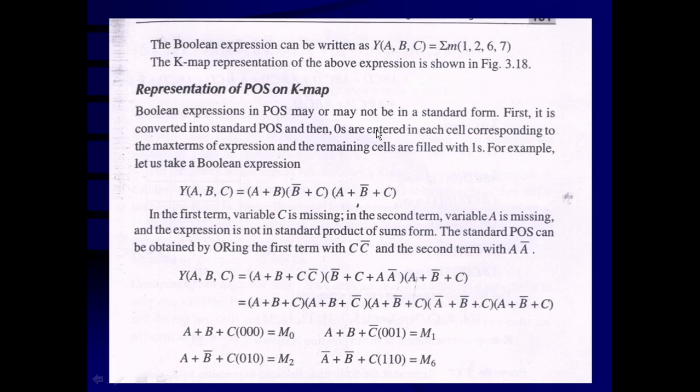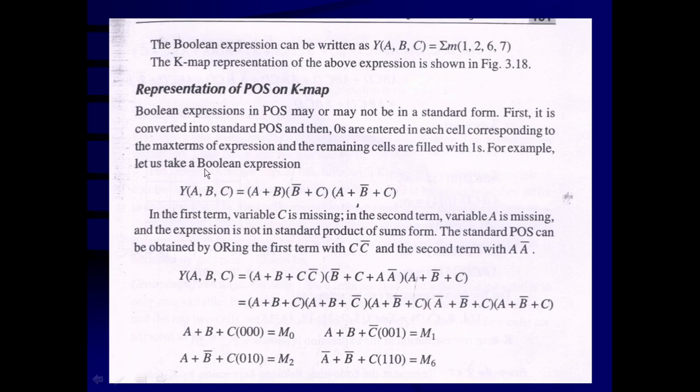Instead of 1, here we are entering zeros for the corresponding fundamental sums, in each cell corresponding to the max terms of the expression, and the remaining cells are filled with ones. Instead of 0, the remaining space is going to be filled with ones.